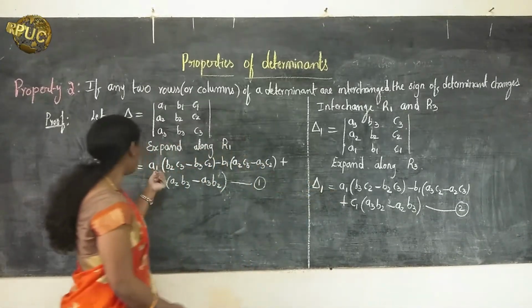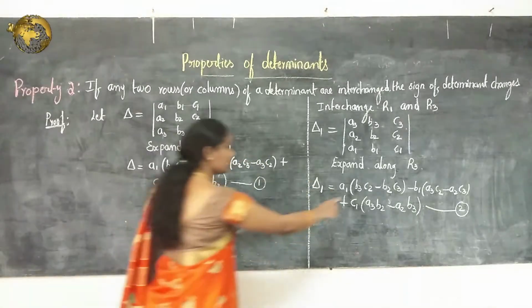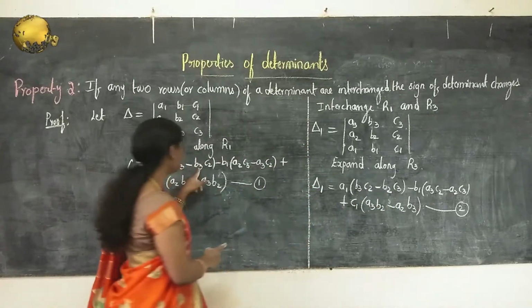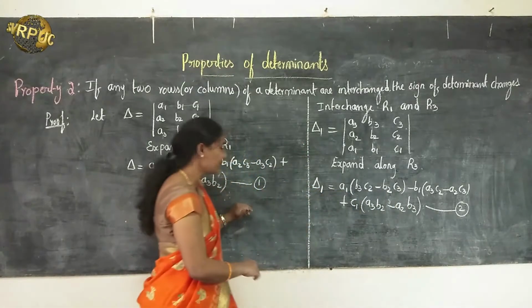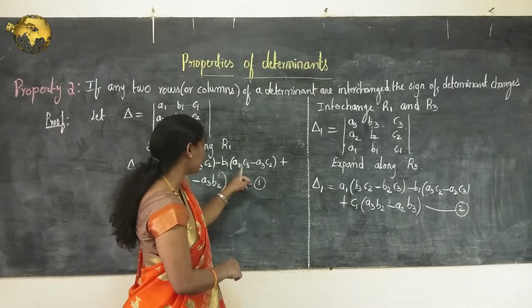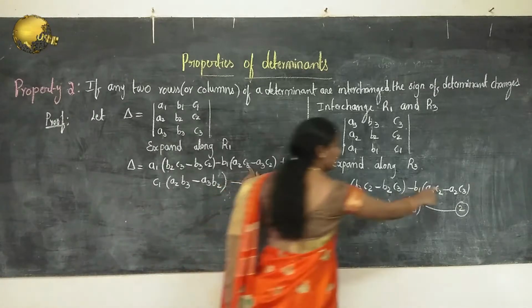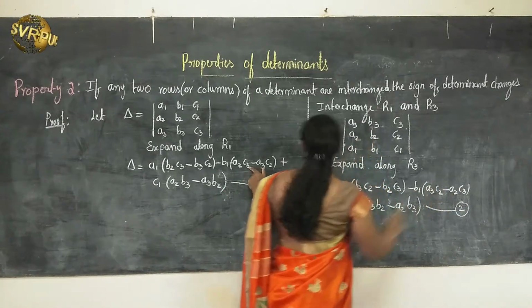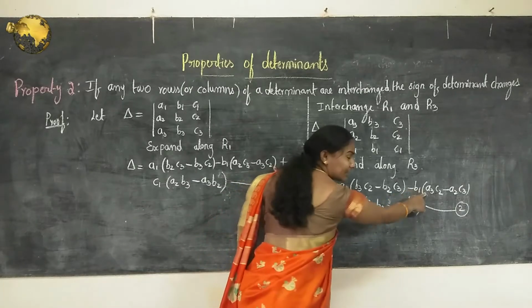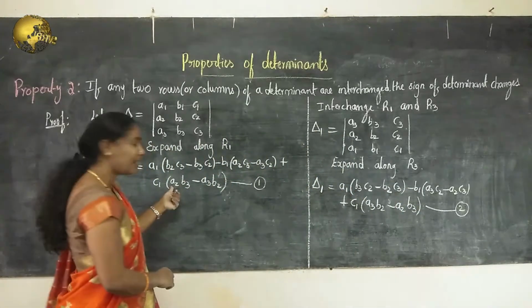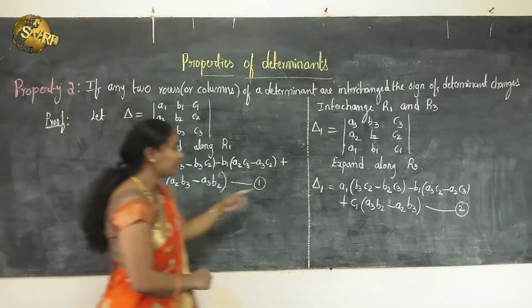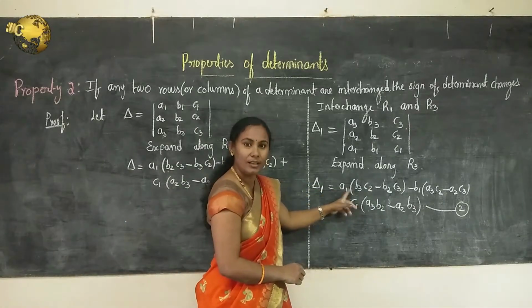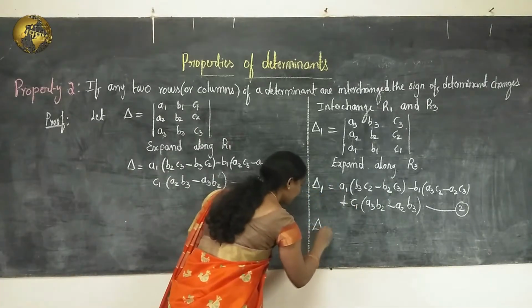Here, A1 into B2 C3 minus B3 C2 is in the first, and B3 C2 minus B2 C3 is in the second. So in the second element also it is like that: A2 C3 has a minus sign here, and A3 C2 has a positive sign there. The last one is also like that only. So if we take the minus sign out, we get the same expression.